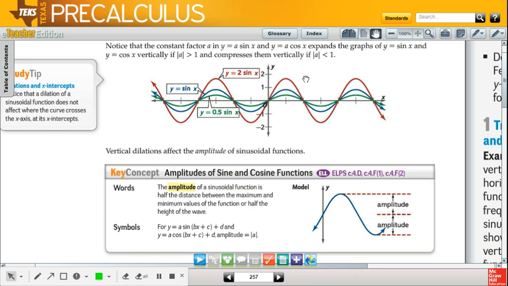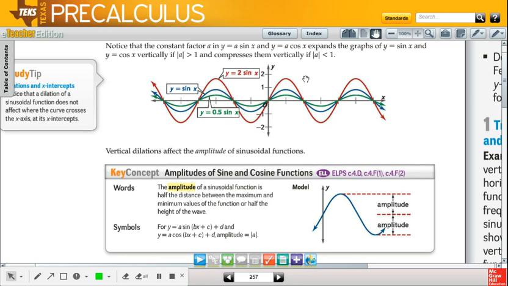Now, vertically expand is when the absolute value of a, so a can be positive and negative, but when we're talking about just the value of it, the absolute value, if the value is more than 1, meaning that it could be a decimal. So for example, 1.5, 2.2.